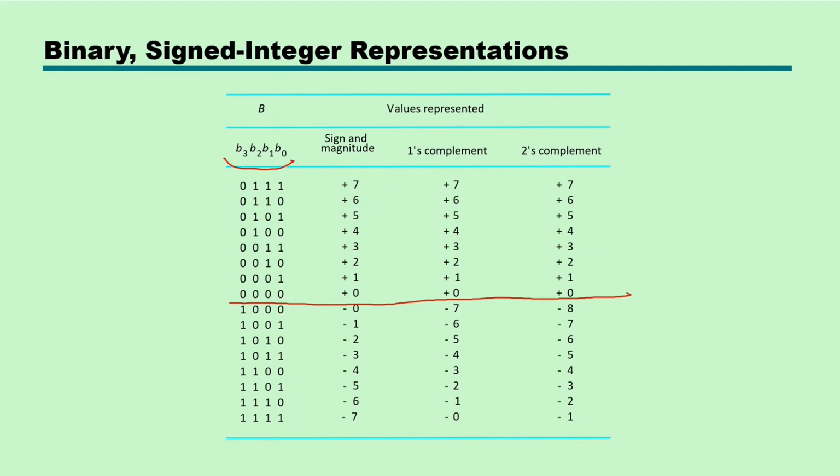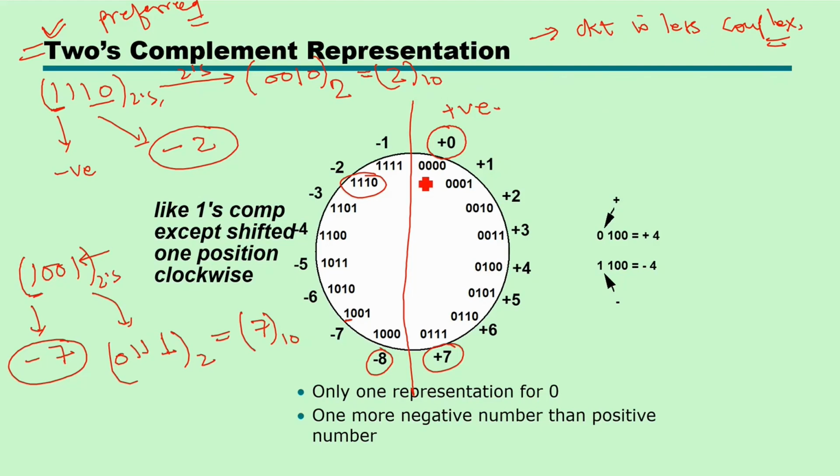Okay, so in case of 2's complement, the range is important. In viva type questions, range is basically asked, so take care of the range in case of 2's complement. So here it is going to have, instead of -7, -8 is there.